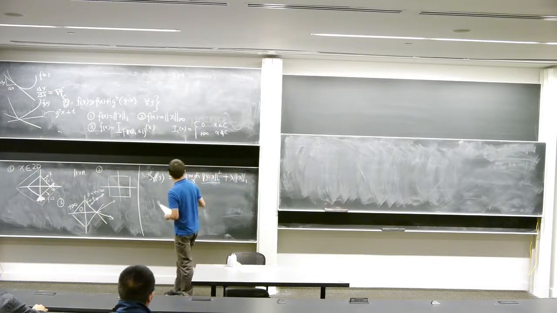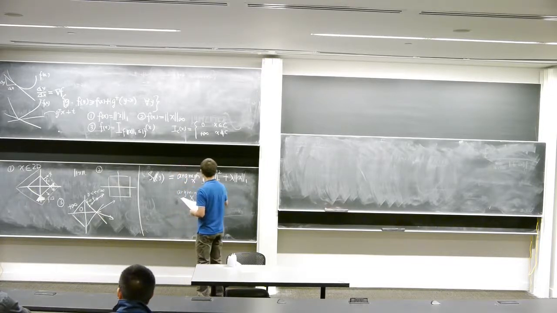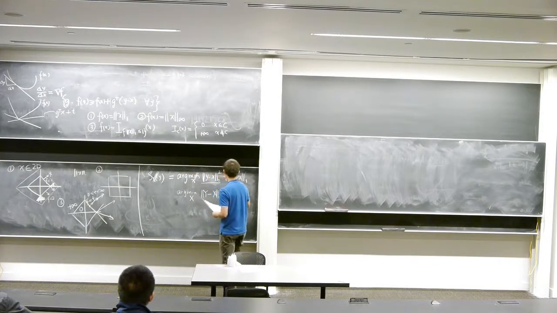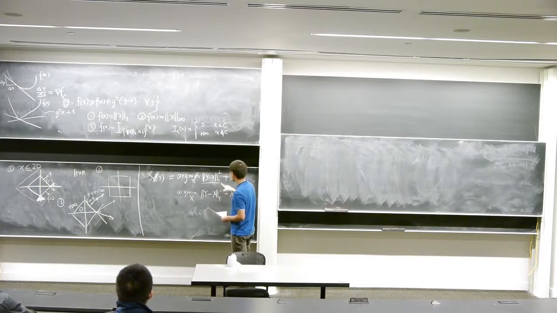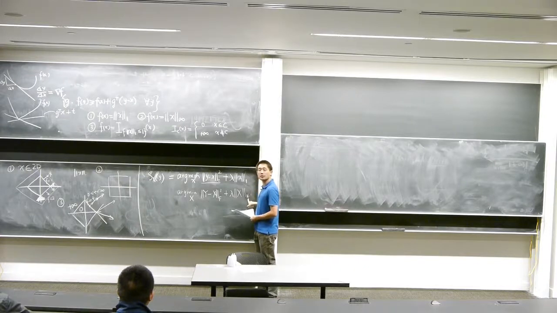And I can make a slight extension. If I have a matrix value, this is something that Ryan will talk about soon, but it doesn't hurt if you see it again. For a matrix, what replaces the 2 norm here is the Frobenius norm, and here I should have a trace norm, or what is called the nuclear norm, to replace the 1 norm.